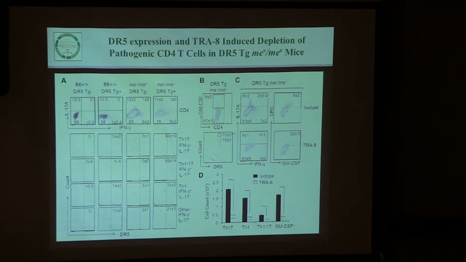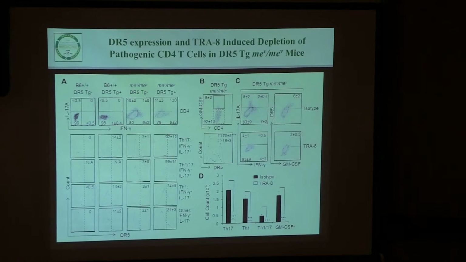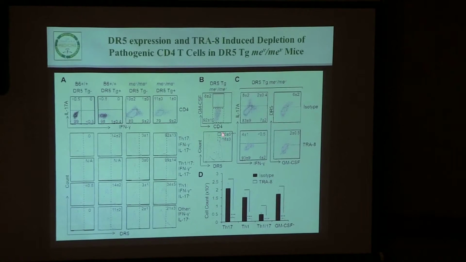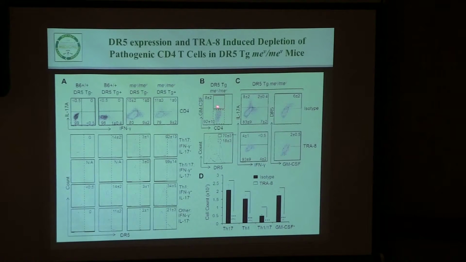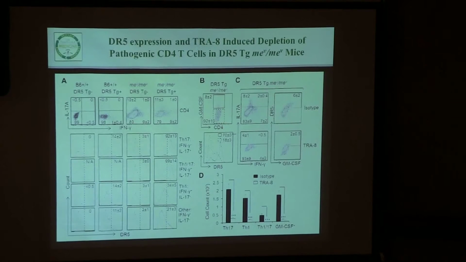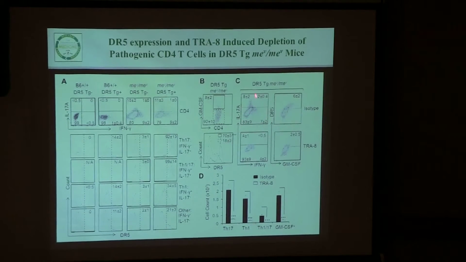And as Th17 cell is the major producer of GM-CSF, we're looking at the GM-CSF positive CD4 T cell, and as the figure shows here, GM-CSF positive CD4 T cell expresses much higher DR5 compared to the GM-CSF negative CD4 T cell. And also, TRIA treatment can remove the GM-CSF positive CD4 T cell as the figure shows here.